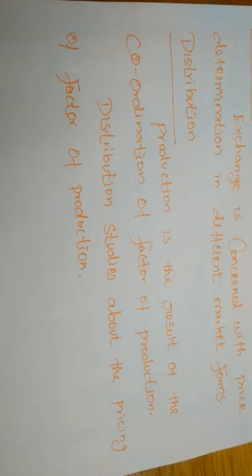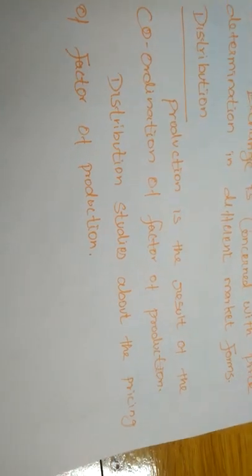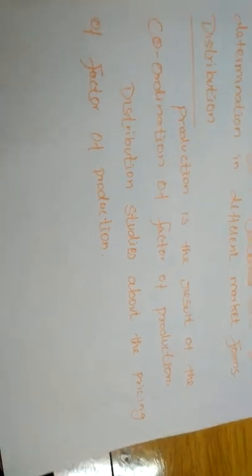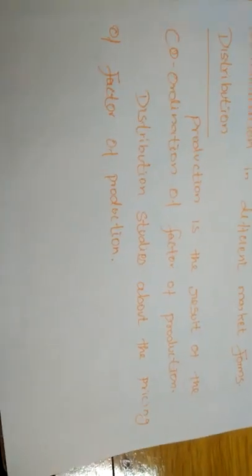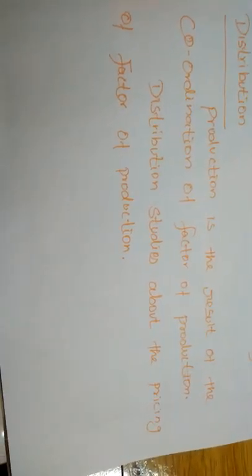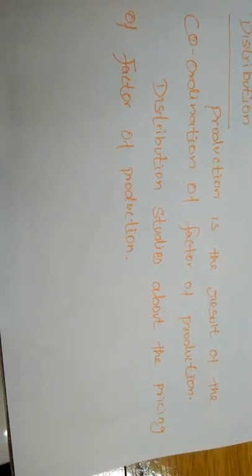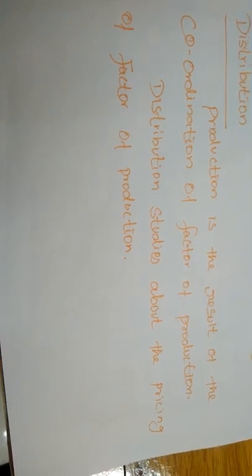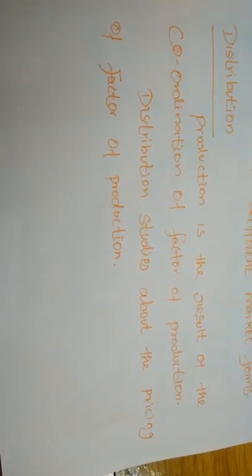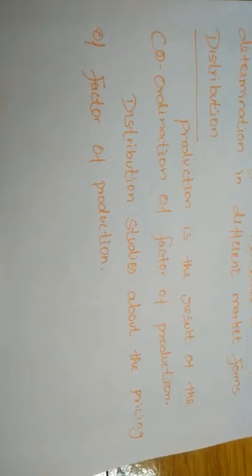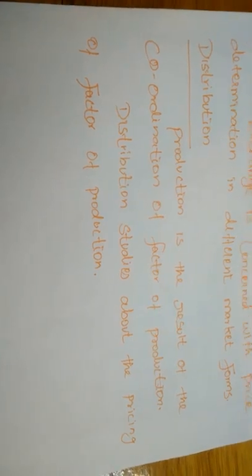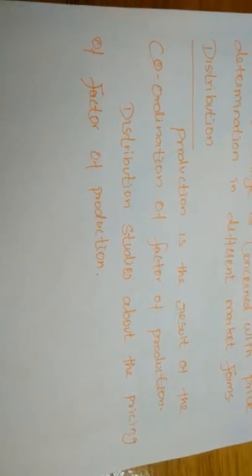Not only that, distribution studies the pricing of the factors of production. For producing, the producers provide remuneration to the factors of production in the form of wage, rent, profit, and interest, according to labor, land, capital, and organization.